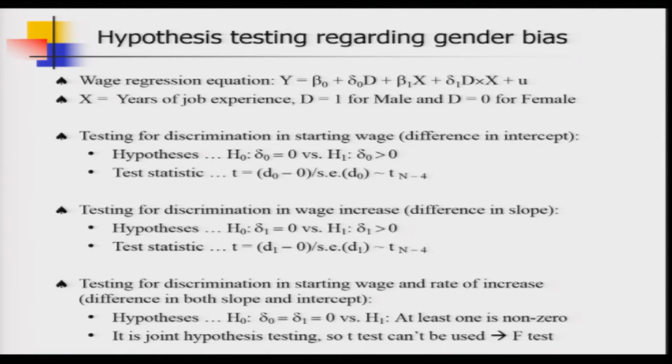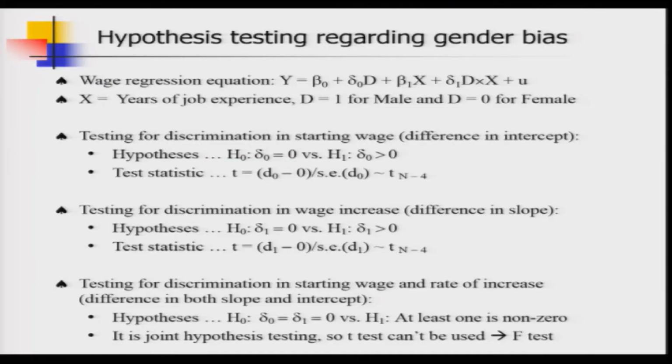If I had written delta naught is not equal to 0, then that would be the regular two tail test, but here we are interested in challenging the view that delta naught is 0, and we claim that it is positive. That is why this time we are going for a one tail test by placing this inequality in the alternative hypothesis.